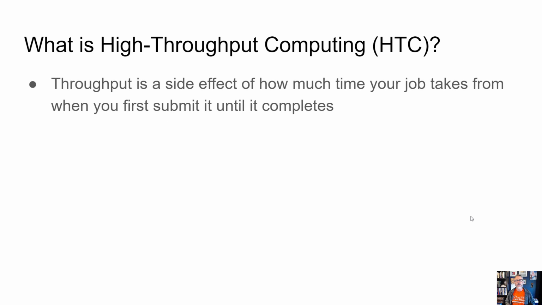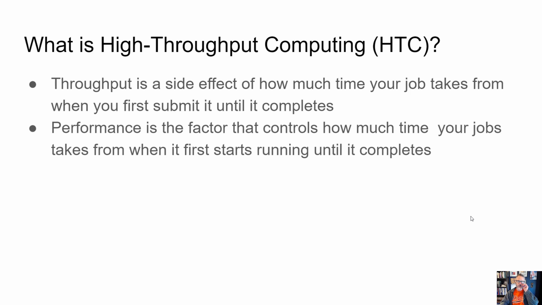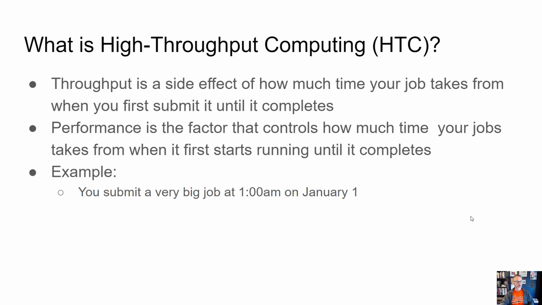So throughput is sort of measured in terms of when do I submit it, when does it finish, whereas performance is just the number of calculations per second while it's running, or the overall time it takes when it first starts. So for example, let's say I submit something right away on January 1st of a new year at 1 o'clock a.m. And it sits in the queue for a while because the cluster, for whatever reason, is really busy on January 1st.